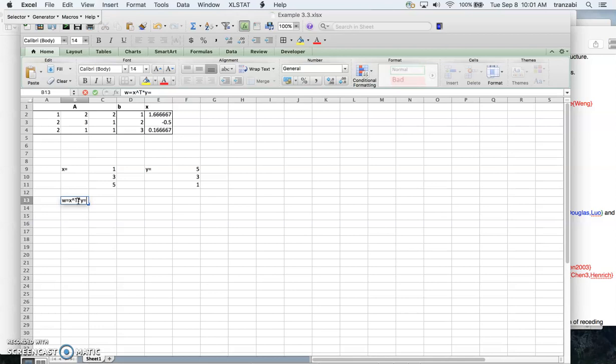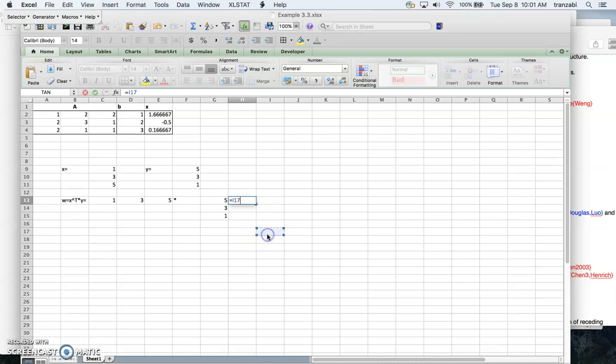That means we have to transpose the first one, which means we have to write it in a row fashion, and then multiply by y. So 1, 3, 5, this is the transpose of the first one, times the second one in a column fashion, 5, 3, 1. All right, what is the result?